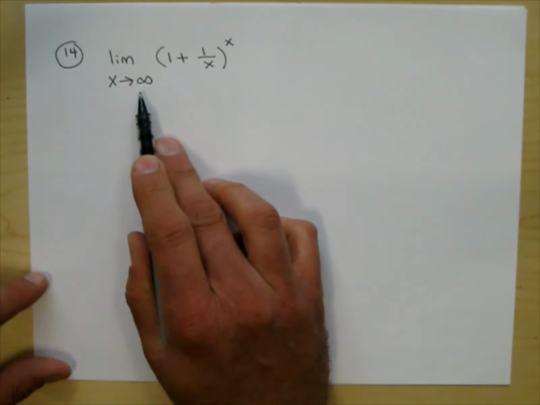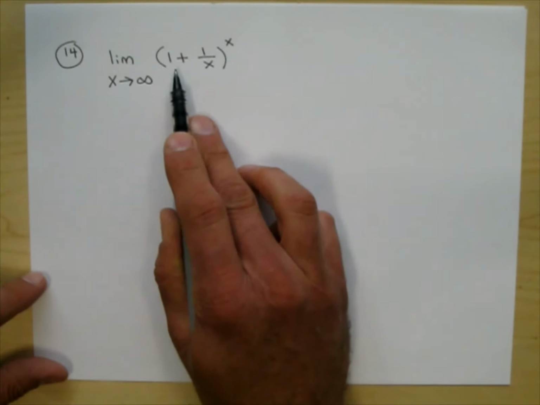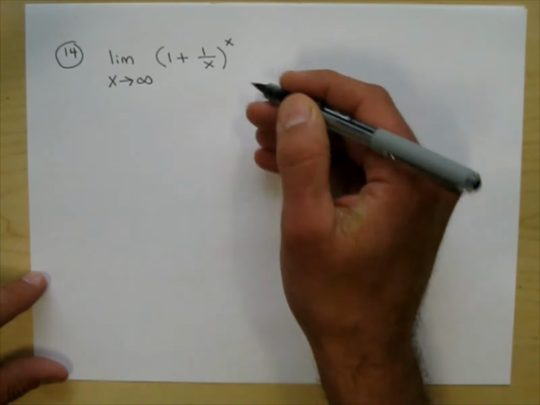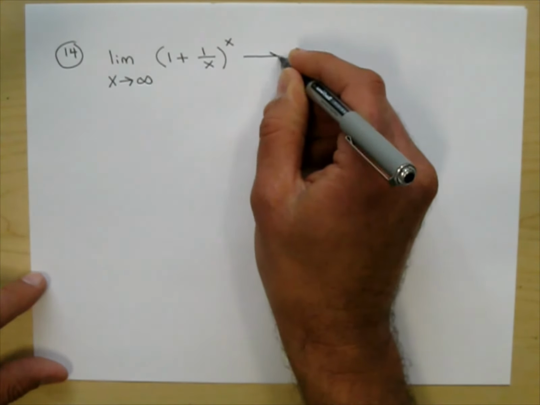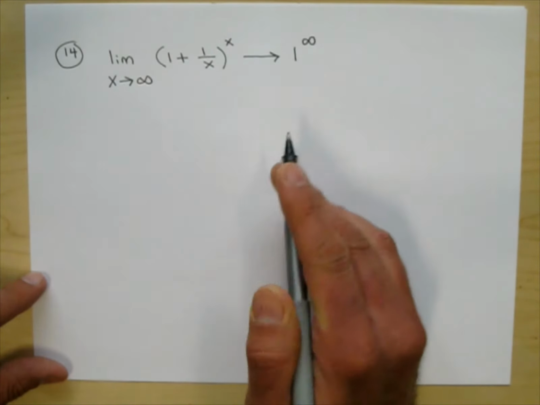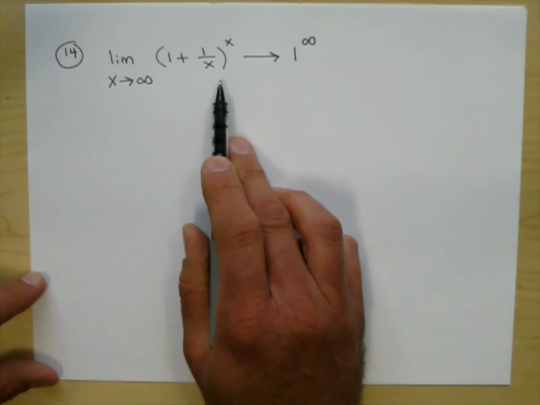If you put in infinity for x, you get 1 over infinity right there, which happens to be 0. So basically inside the parentheses you have 1 raised to the infinity. So we cannot directly do L'Hopital's rule on this.